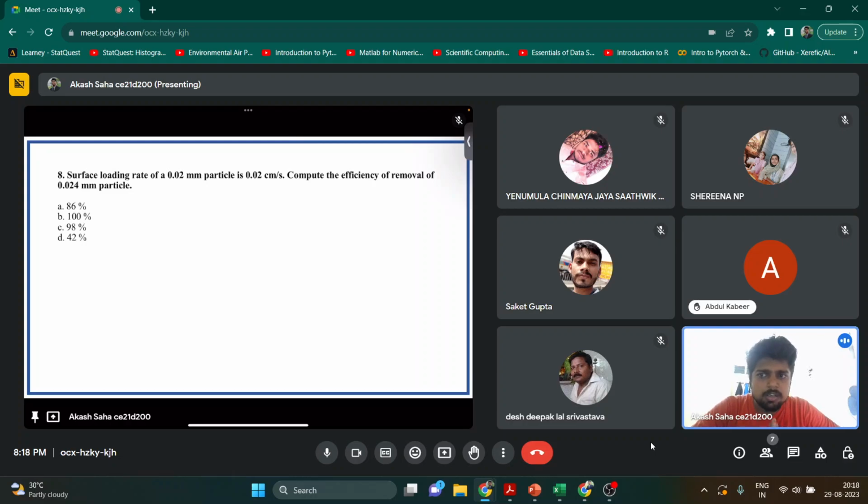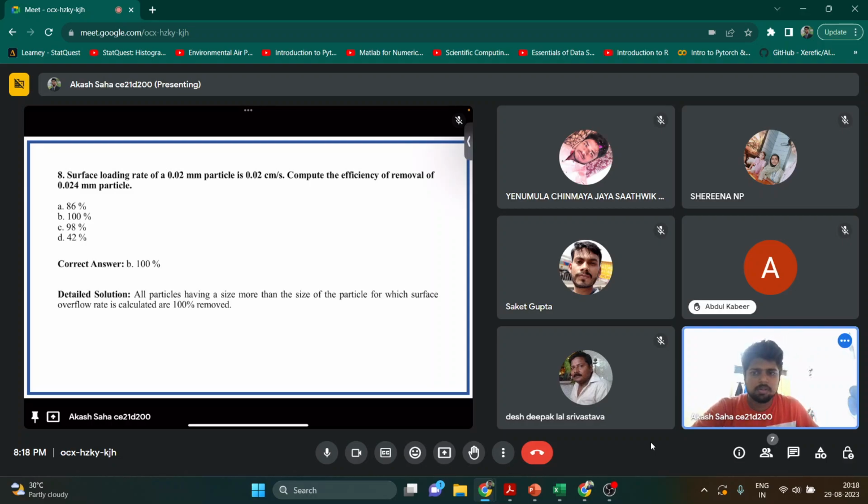So any particle with a size greater than the defined particle will be removed 100%. Is it clear, Abdul? Yes, sir. So all particles having a size more than the size of the particle for which the surface overflow is calculated are 100% removed. So we don't have to calculate anything.